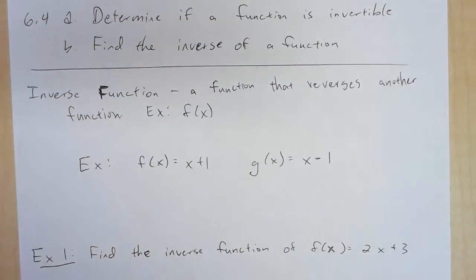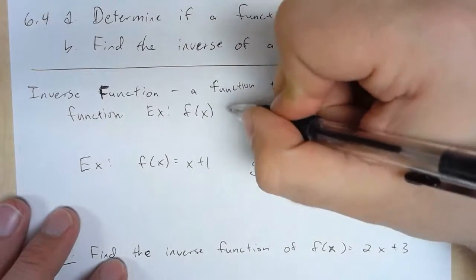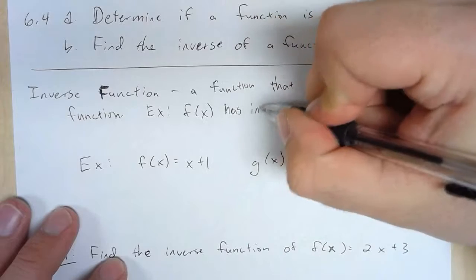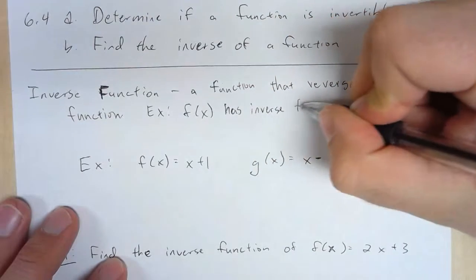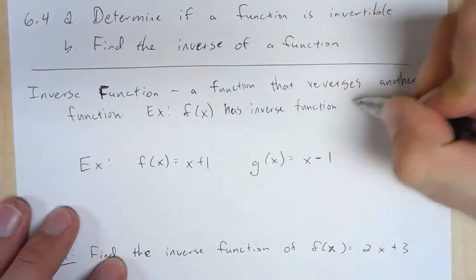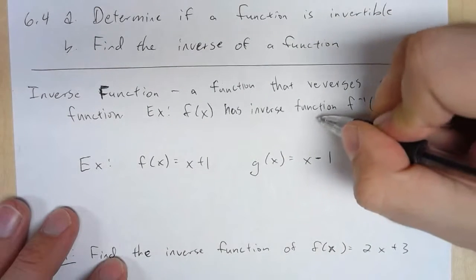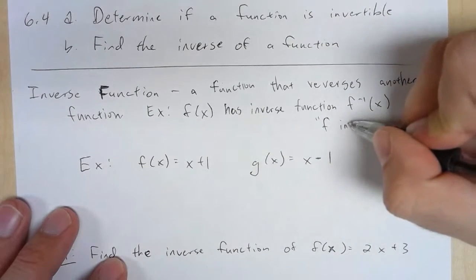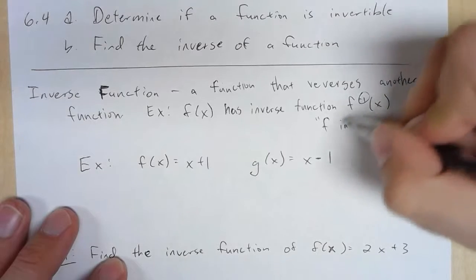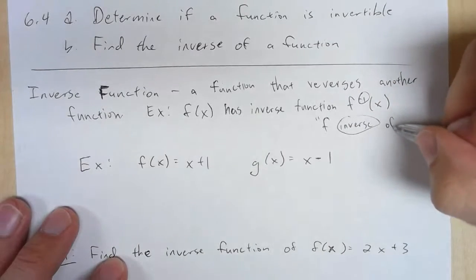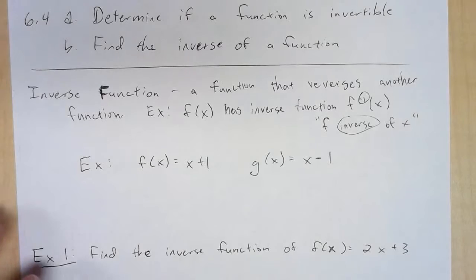This is a function that does a thing. Right now we have g of x. Then f of x has an inverse function given by the notation f inverse of x, pronounced f inverse.